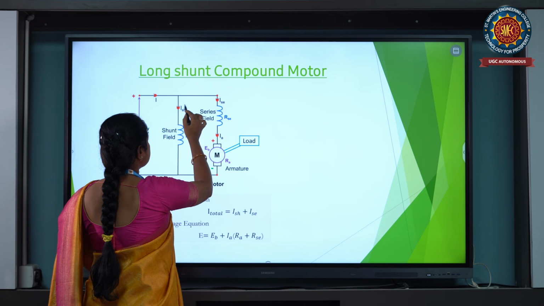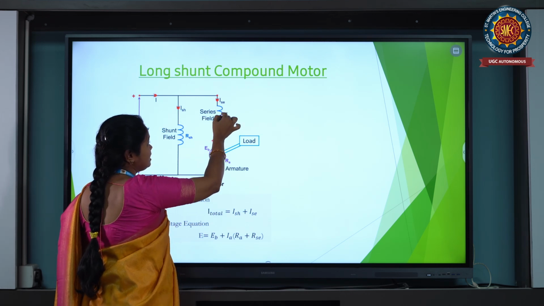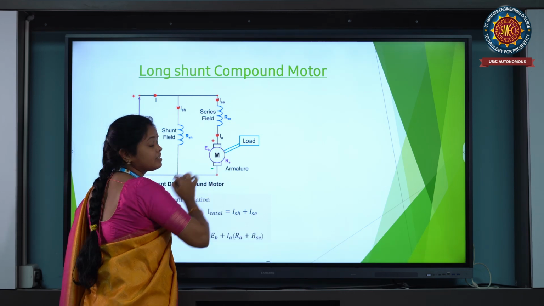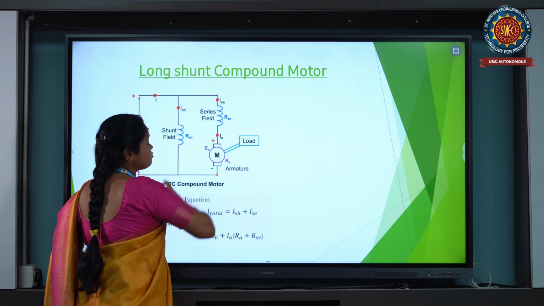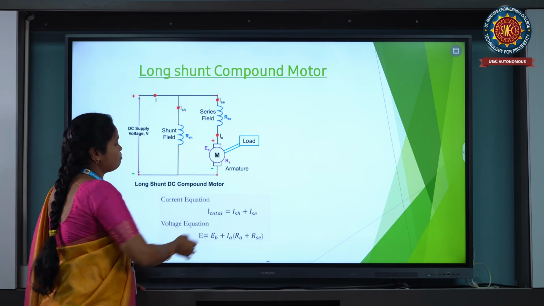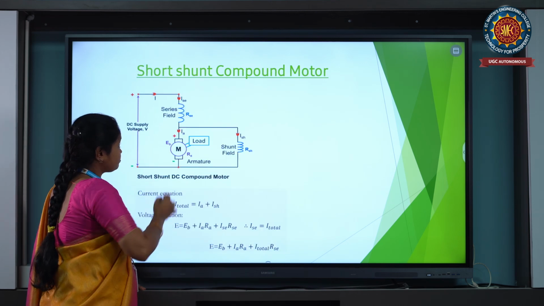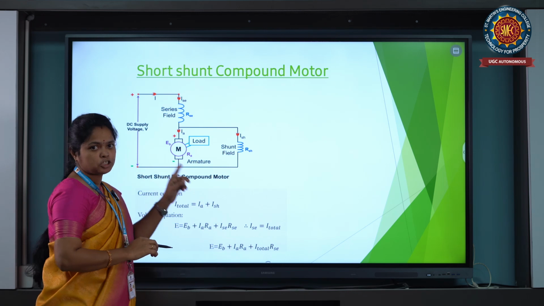Here the field current is the same in series, so the total current is the same, and the different current flowing here is ISH. So these are mainly applicable for high starting torque.